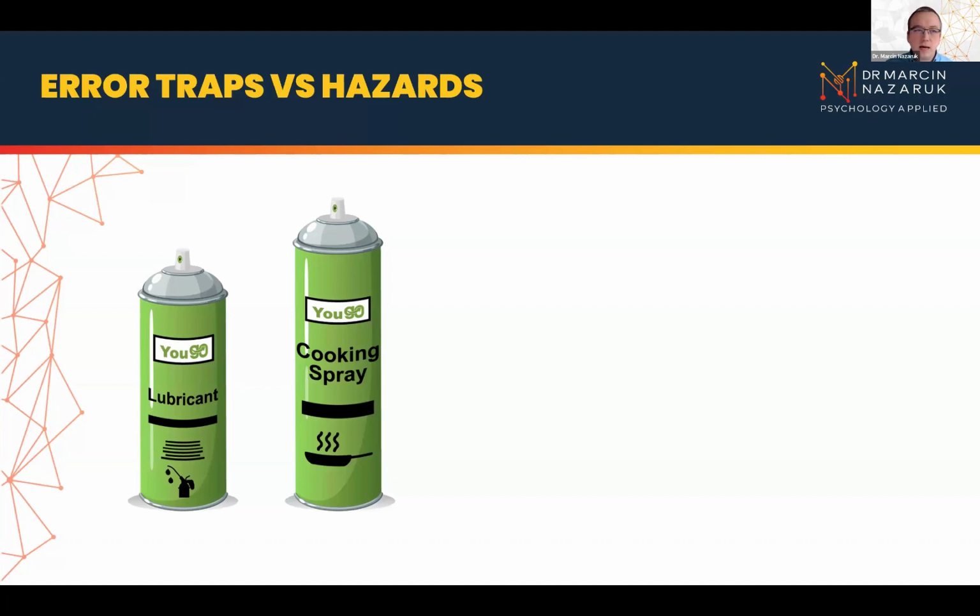So if we think of a hazard, what would be the hazard here? If we think of something with the potential to cause harm, what is causing the harm? It would be the lubricant chemical if ingested. Then that could be the hazard.